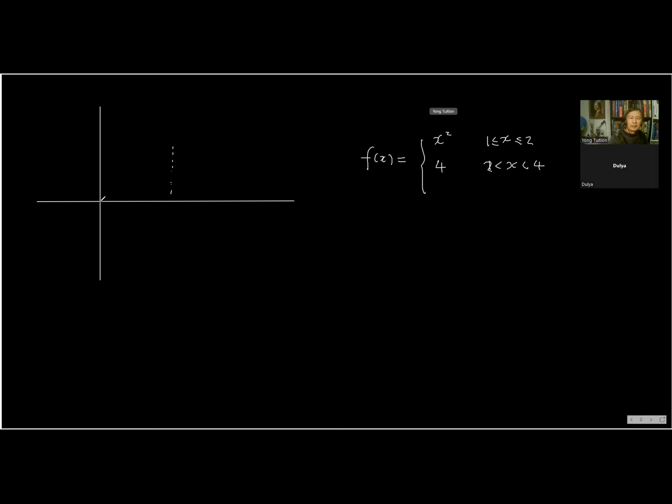Can you see? Right, it's a parabola. After that, it becomes constant. You agree? This is a piecewise function. So this is 0, this is 2, and this is 4.